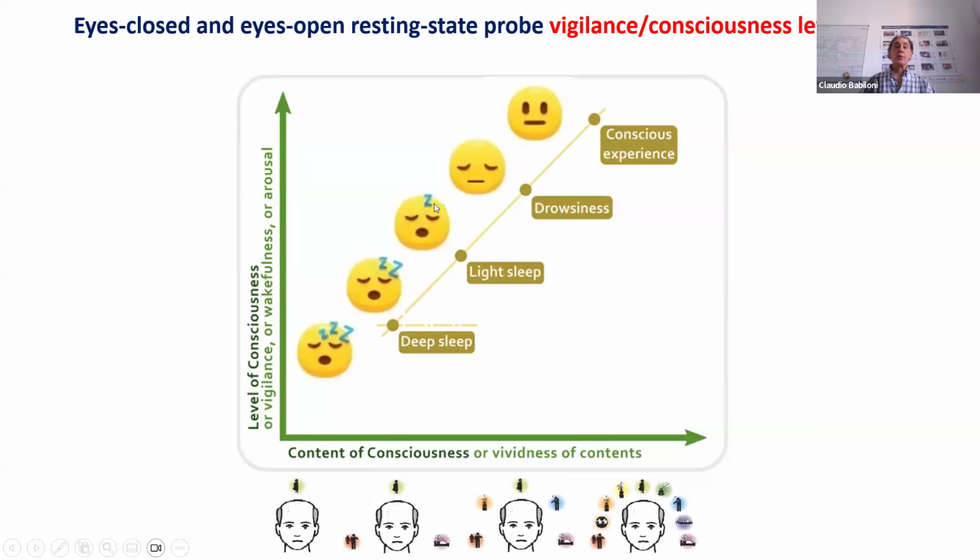The vigilance regulation is an important function of the brain and brainstem.